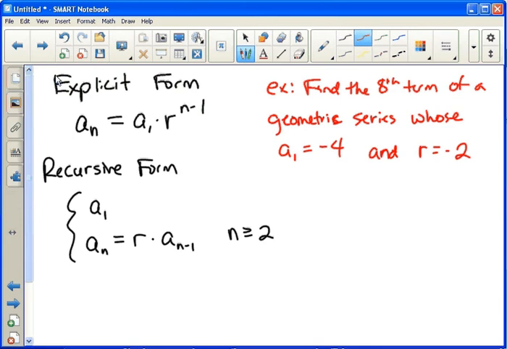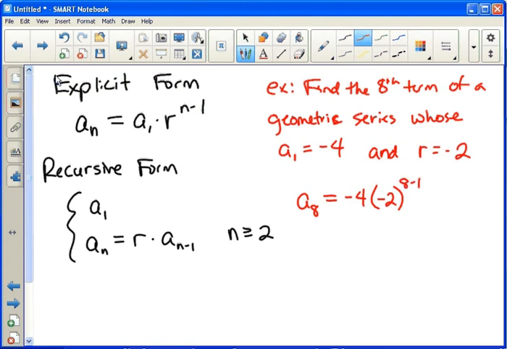So let's use the explicit form. There's really no reason to use the recursive because then we'd have to do it like 8 times just to get that 8th term. That's the benefit of the explicit form. You can find any term you want. So I want to find the 8th term. My a1 is -4, my r is -2, and then I plug in 8 for n.